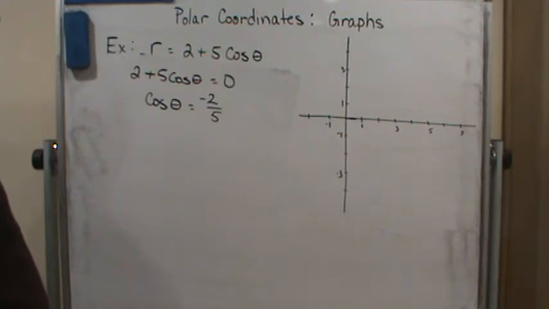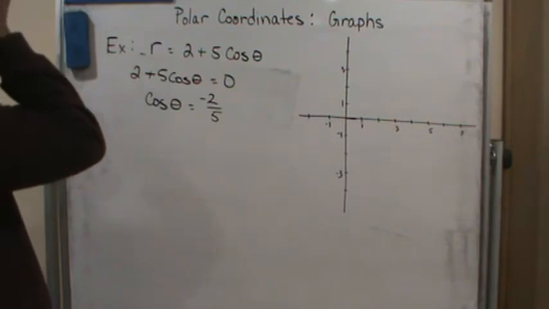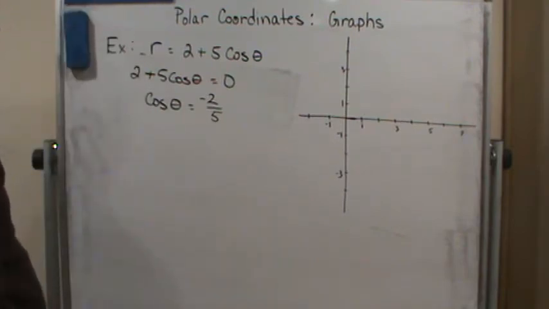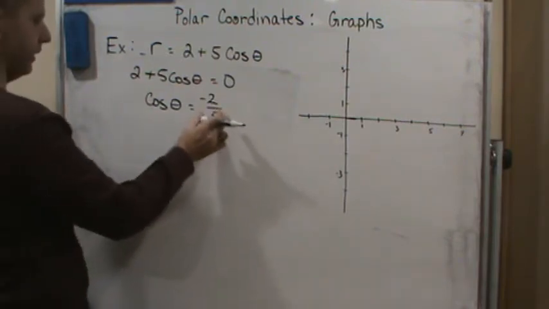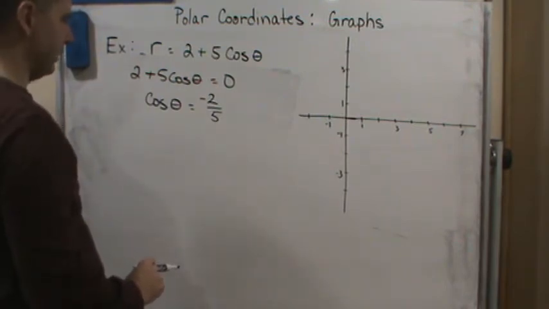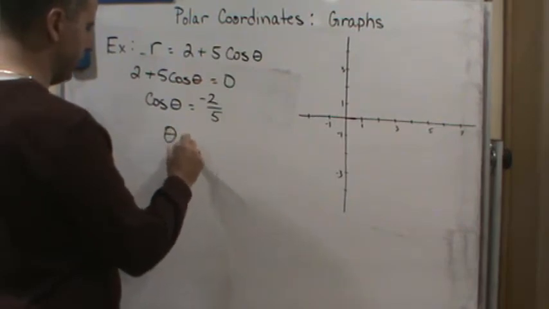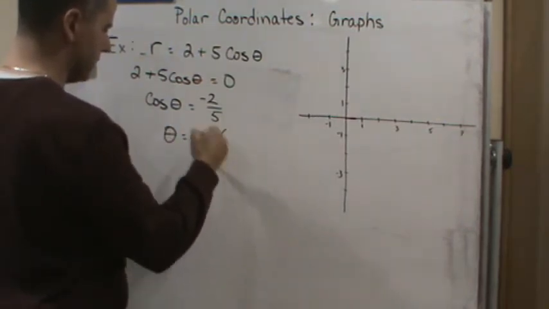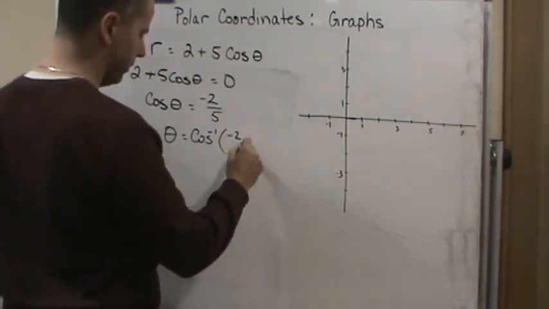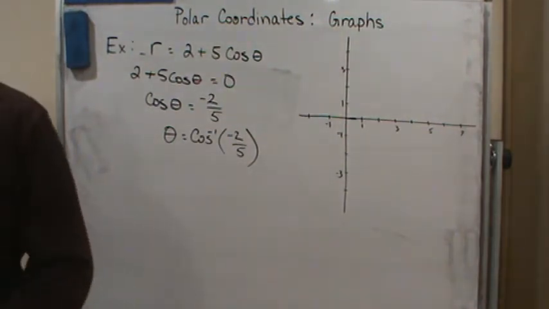Let's see, it's within the range, so we're good there. We can solve for this. Because this is not a nice angle, theta equals cosine inverse of negative 2/5. Let's see what we get.